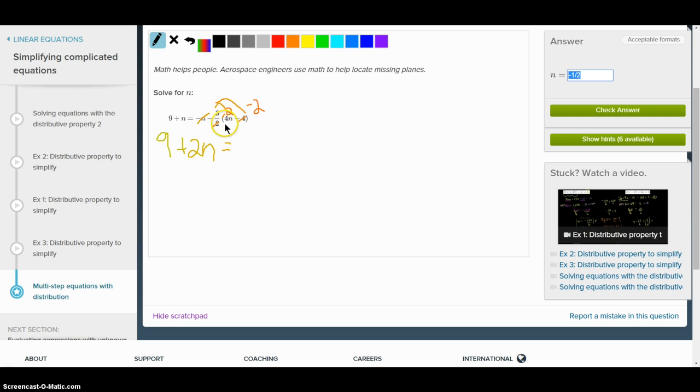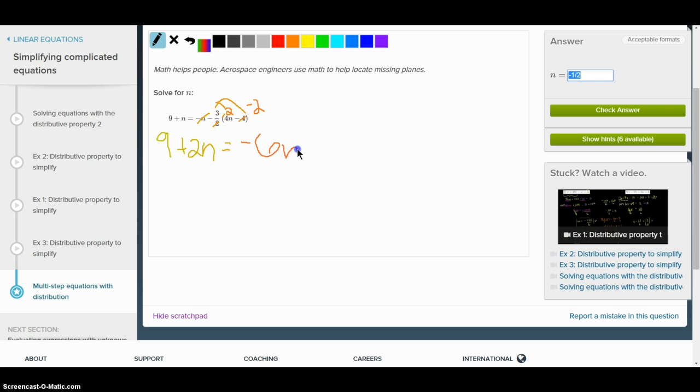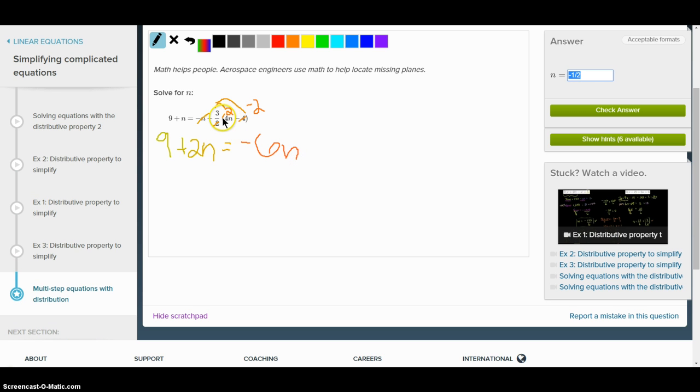So this here is going to be negative 3 times 2n, and that's going to be negative 6n. And then this negative 3 times negative 2 is going to be plus 6.